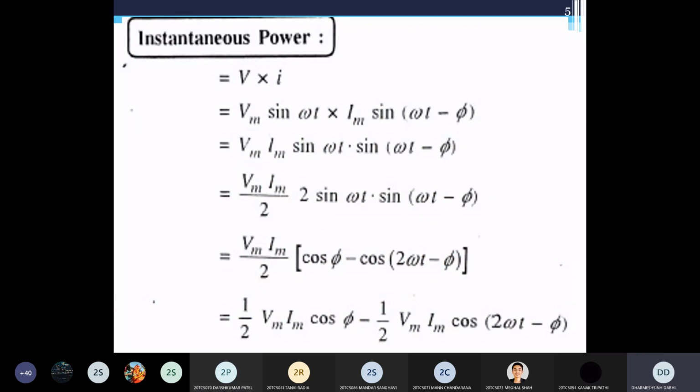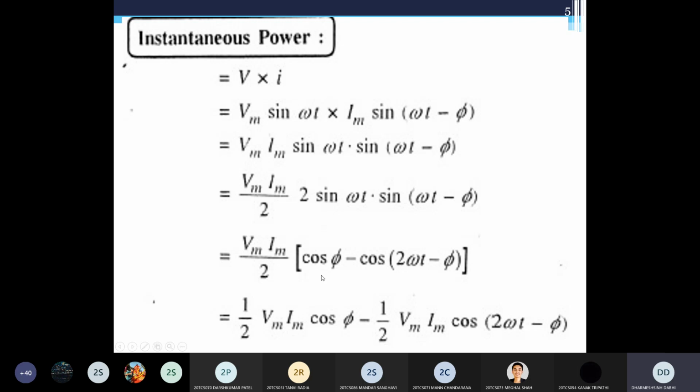If you divide and multiply by 2, you get 2 sin A sin B. As you know, in trigonometry, 2 sin A sin B is cos A minus B minus cos A plus B. First subtraction, then addition. So omega t minus omega t minus phi gives plus phi, so you get cos phi. Clear? Minus cos of the addition of these two angles, omega t and omega t minus phi, so you get cos 2 omega t minus phi.